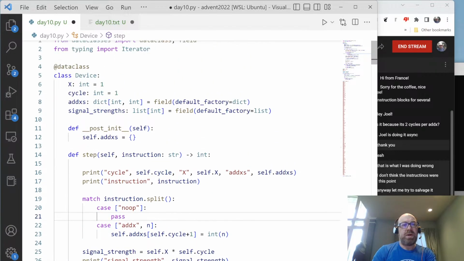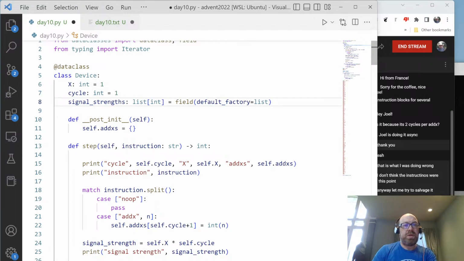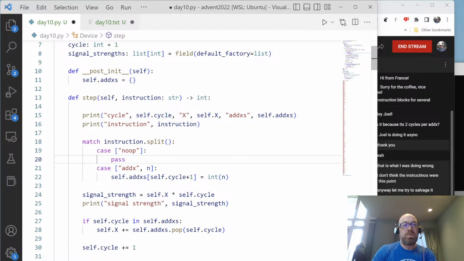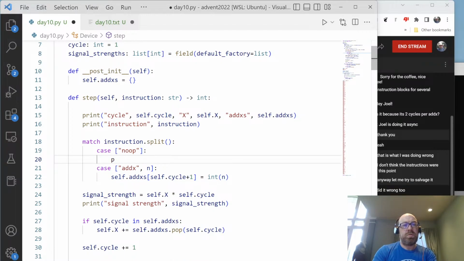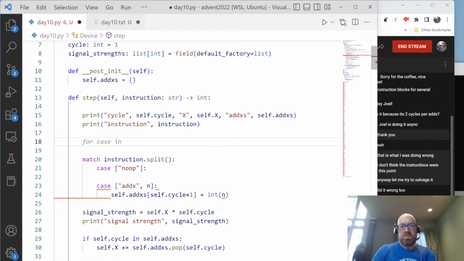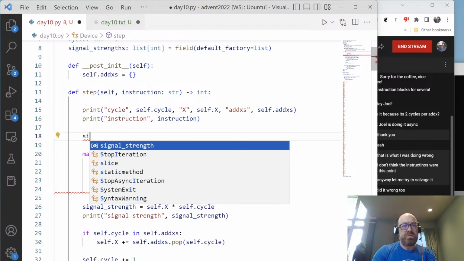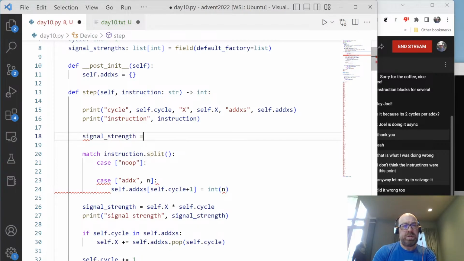Okay, and now I don't really need this. What I need to do is, if there's a no op, let's just say signal strength equals self.x times self.cycle, right?